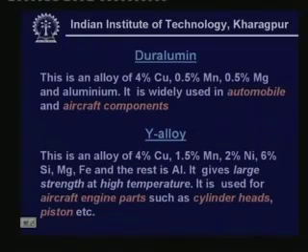Although we said there is no iron, some amount of iron is present in Y alloy, but primarily it is a non-ferrous material. It gives large strength at high temperature. It is used for aircraft engine parts such as cylinder heads, pistons, etc.